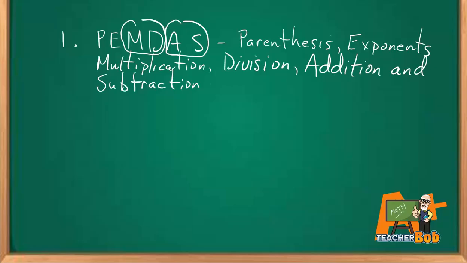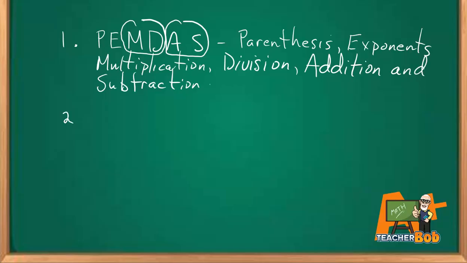So for multiplication and division, it can be in the order of multiplication and division, or it can be division and multiplication, but they have to be done, both of them, after the parentheses and exponents or powers. Then multiplication and division follows, then addition and subtraction, or subtraction and addition. And these pairs, we just simply do those operations in order from left to right.